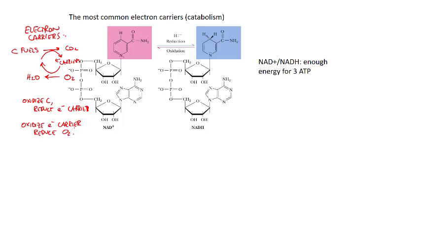So what are these electron carriers and what are we talking about? There's two major electron carriers for catabolism. There's more than two in total, but there's two big ones that I care that you know about. Those two big ones are NAD plus and NADH. NAD plus is the oxidized version and NADH is the reduced version.